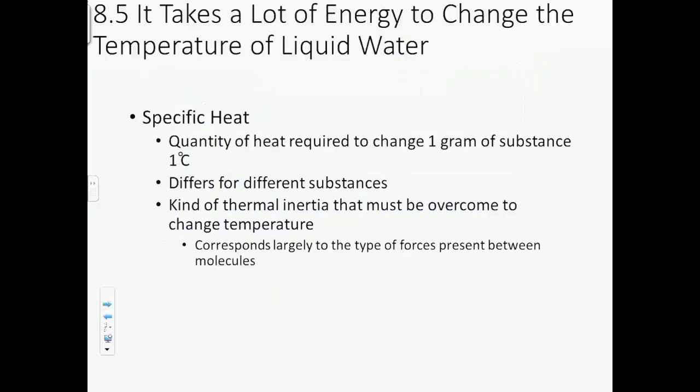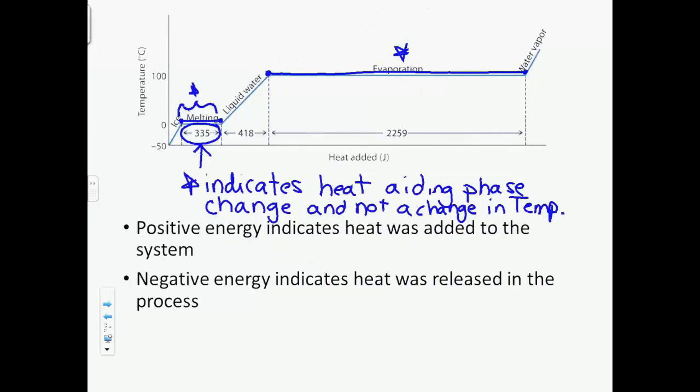If we have a positive energy change and we're adding heat to the system, it's going to be endothermic. It requires heat. If heat is being released in the process, it's called exothermic.